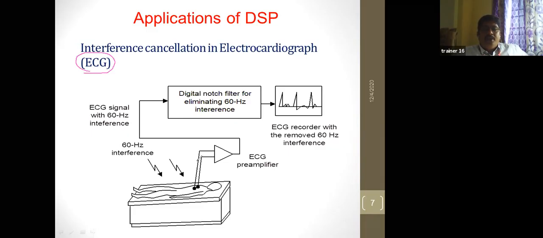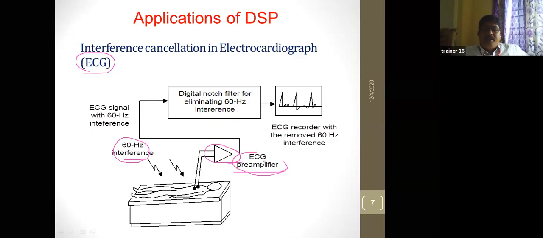Given from the human body with 60 hertz interference, right? And see here, this is the input to the amplifier. Amplifier is nothing but what I said to you, signal conditioning only. This completely is the data acquisition system: signal conditioning, ADC and DAC, right? So the input is given to the pre-amplifier.